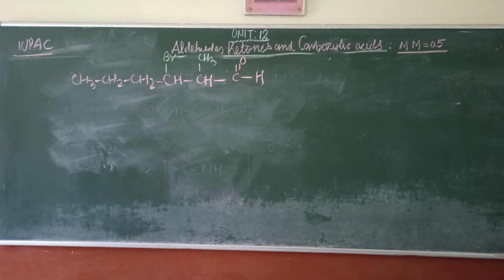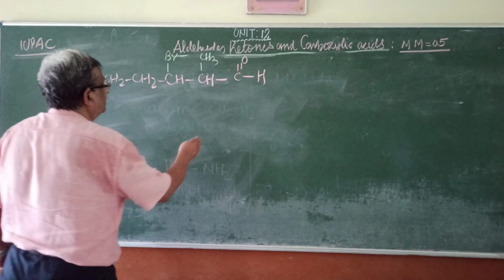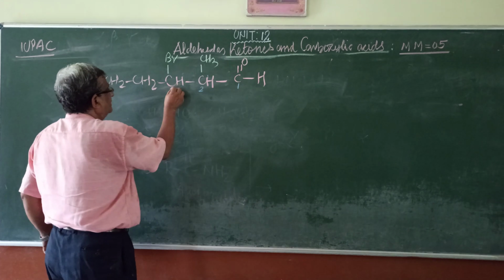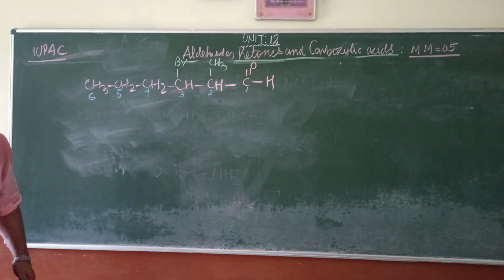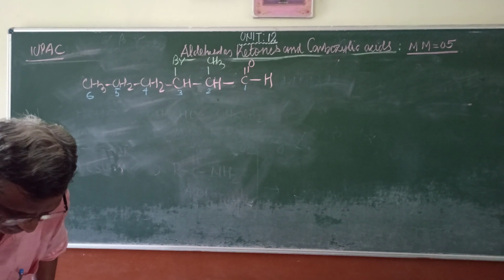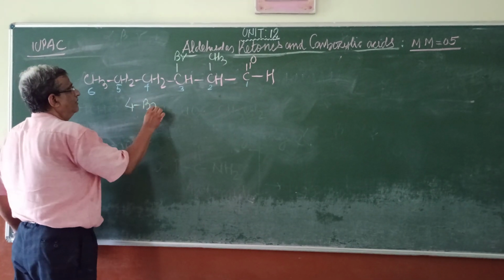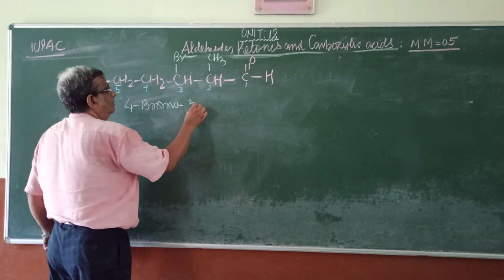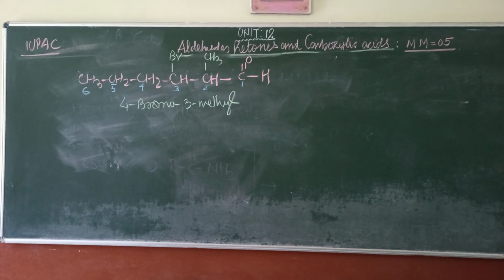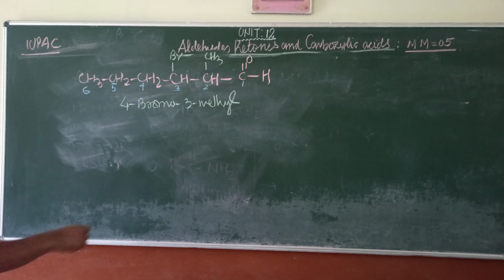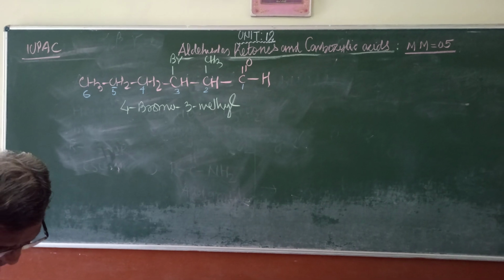I start numbering the carbon atoms. I give it 1, this is 2, this is 3, this is 4, this is 5, and this is 6. And I can write the name as 4-bromo 3-methyl. You can see 4-bromo 3-methyl.